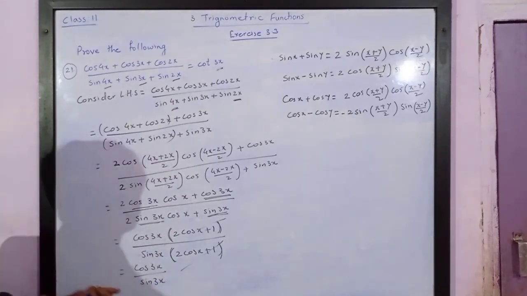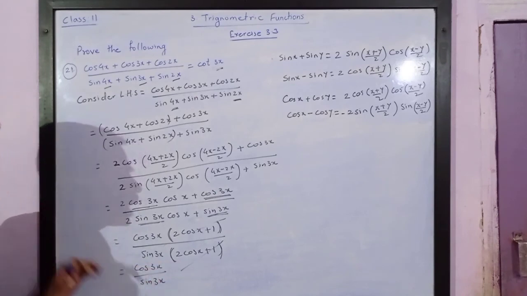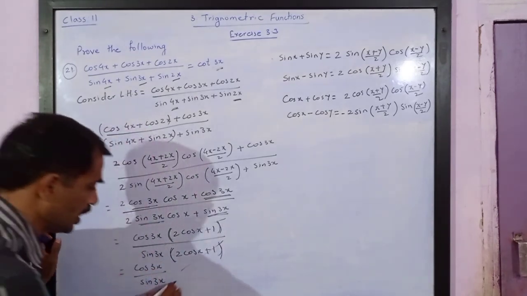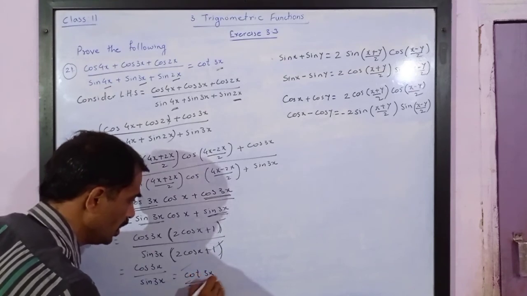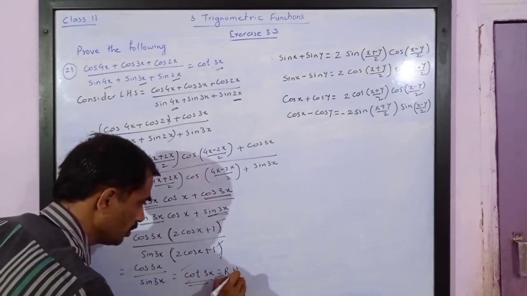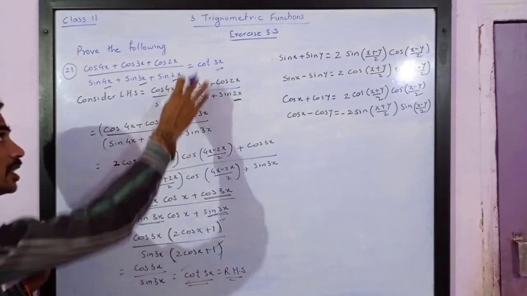Now watch carefully. This is equal to cos upon sin. Cos of the same angle upon sin of the same angle is equal to cot of 3x. This is equal to RHS. This is equal to RHS itself.